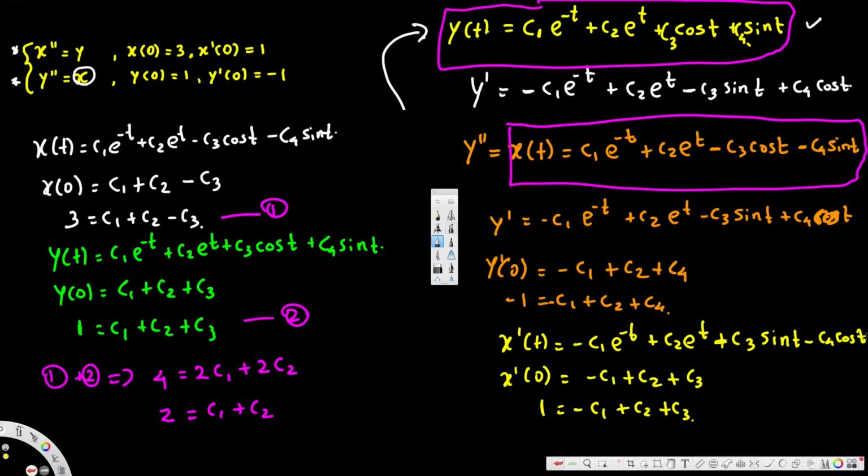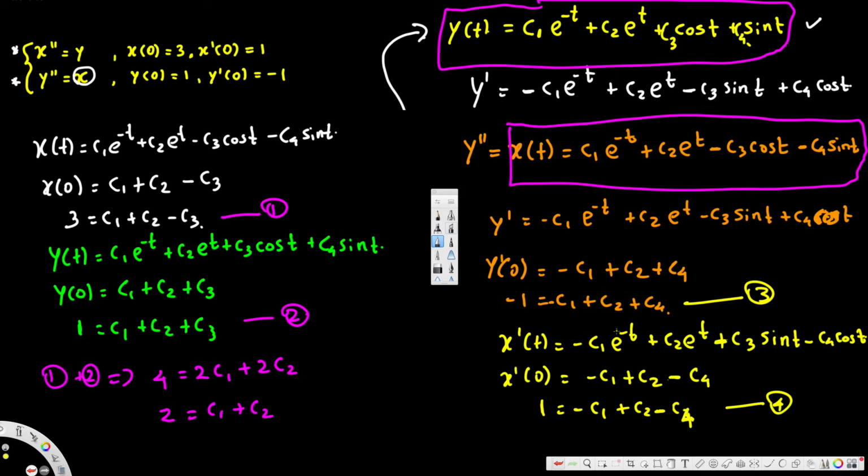If we plug in 0, the c3 term is 0 because sine 0 is 0, and the c4 term is just negative c4 because cos 0 is 1. Okay, now let's say this is equation 3 and this is equation 4.